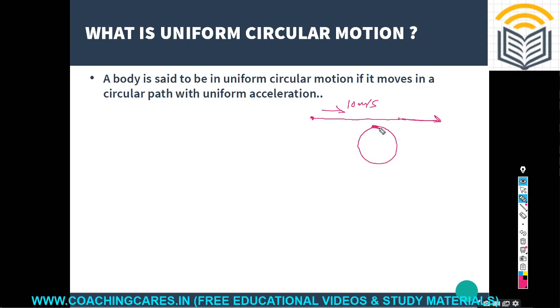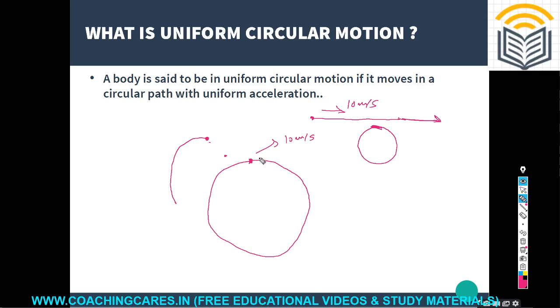Suppose the body moves along a circular path. I'll take this example. Suppose there is a body moving in this circular path, with a uniform velocity, say 10 meters per second.